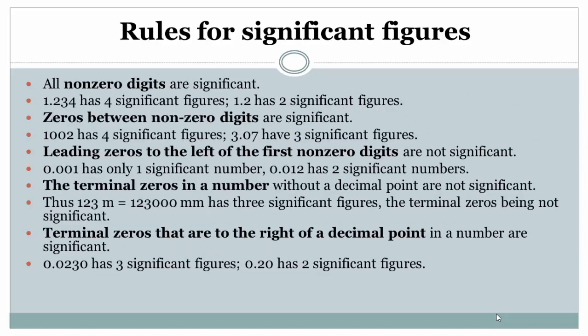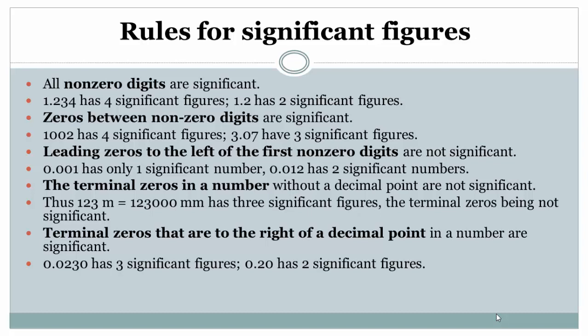There are certain rules defined for significant figures. Those are: all non-zero digits are significant. The zeros between non-zero digits are also considered as significant figures. The leading zeros to the left of the first non-zero digit are not significant.